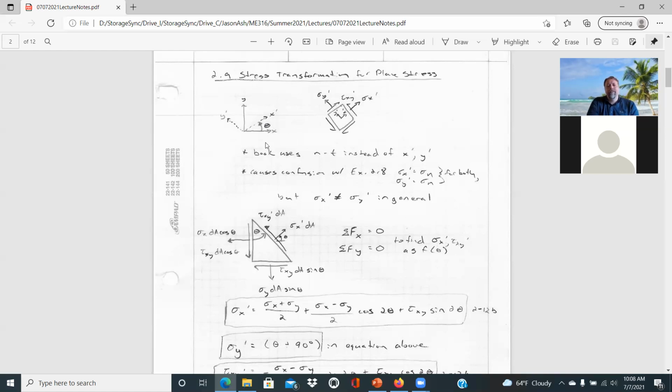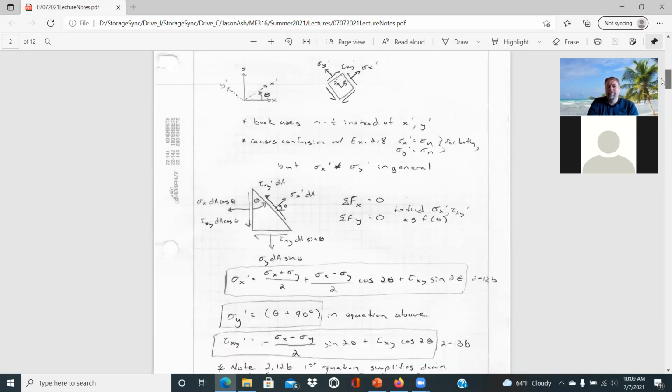Depending on the textbook you're using, some books use normal and tangential for those definitions instead of the X prime, Y prime axes. I can't remember what Hibbler uses.